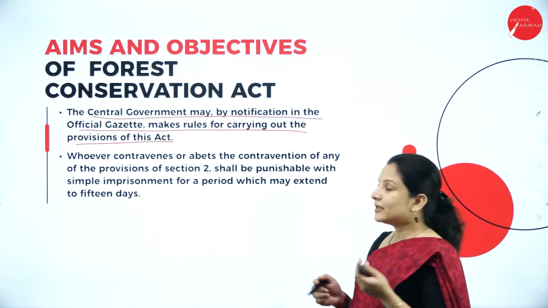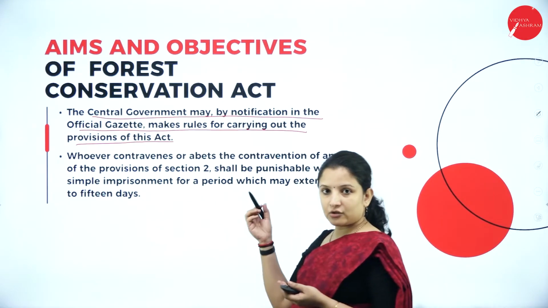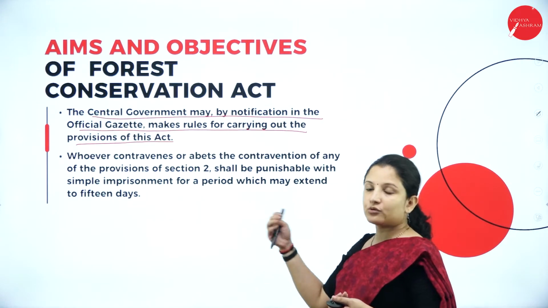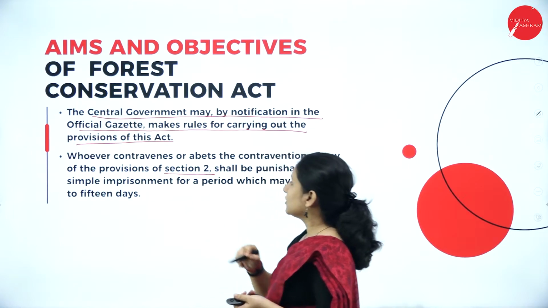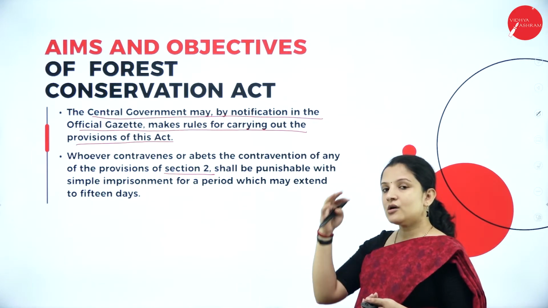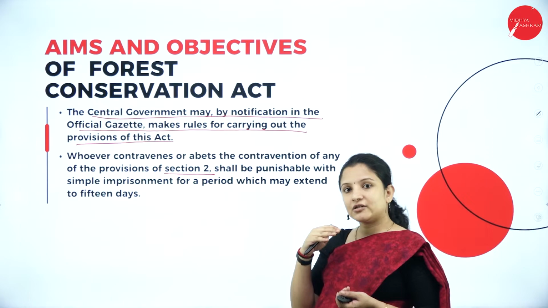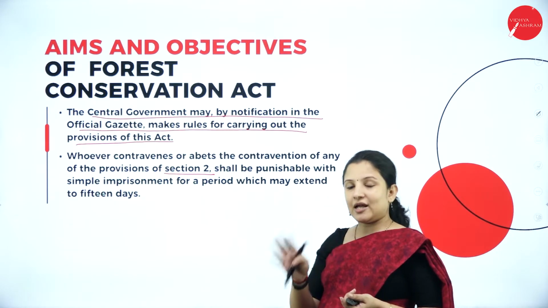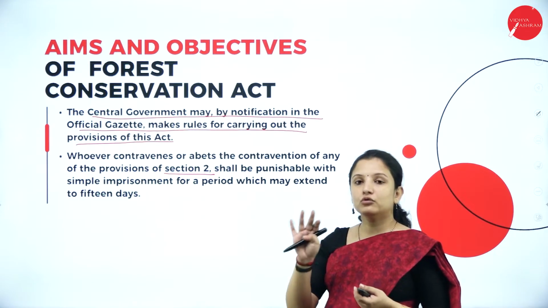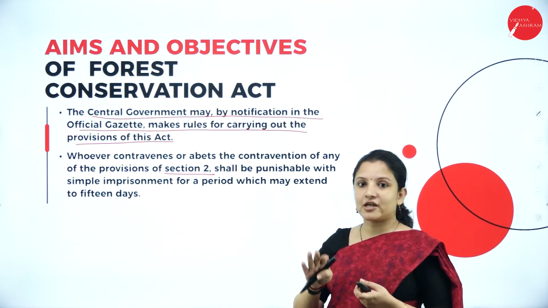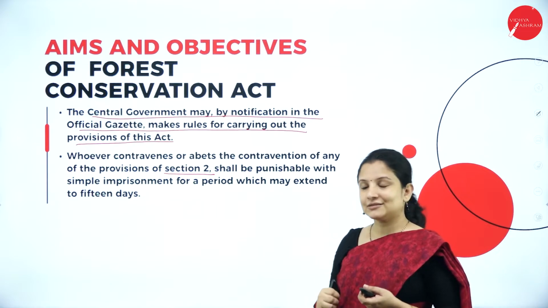And for whoever doesn't follow the rules and regulations put under this act, under section 2, there are some rules and regulations which state what can be done to people who do not follow the rules and regulations set up in all the other sections.